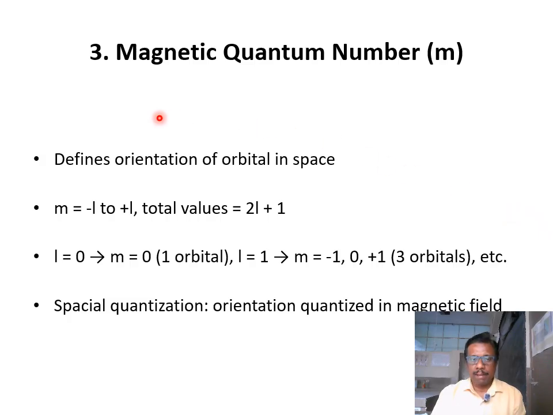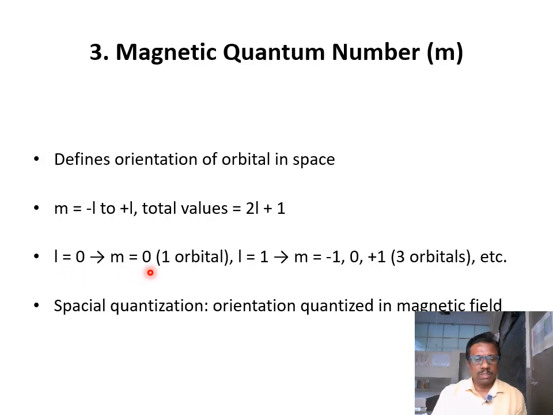Magnetic quantum number m. This defines the orientation of the orbital in space. It can take the values from minus l to plus l. Total number of values possible will be 2l plus 1. For example, if l is equal to 0, m is equal to 0.